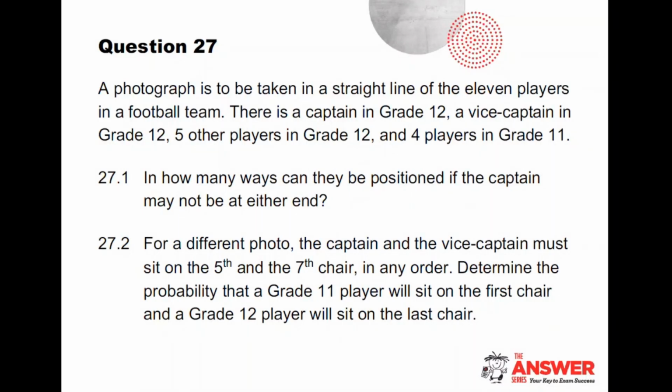In how many ways can they be positioned if the captain may not be at either end? Okay. For a different photo, the captain and the vice captain must sit on the 5th and the 7th chair in any order. Determine the probability that a grade 11 player will sit in the first chair and a grade 12 player will sit on the last chair.